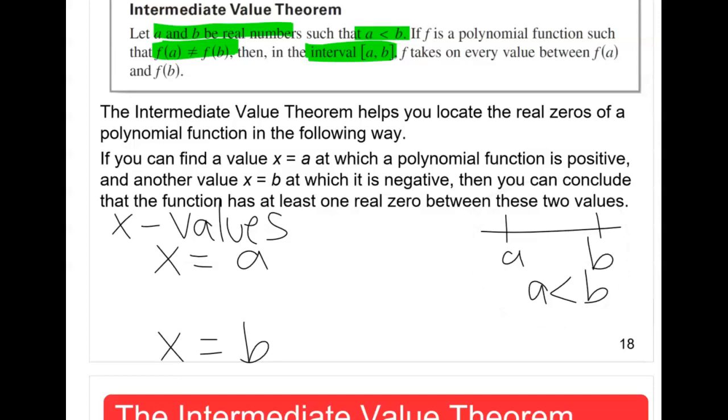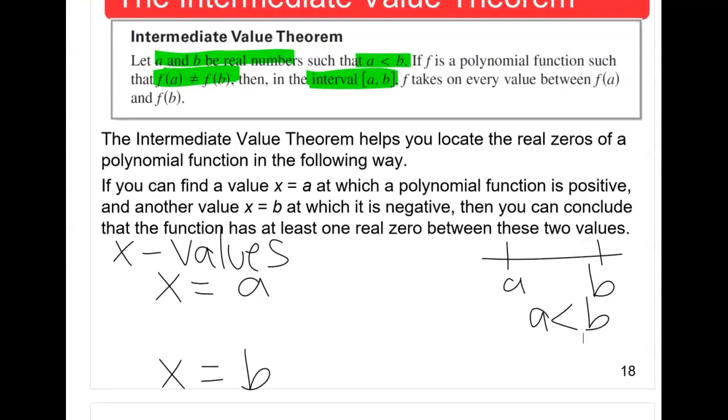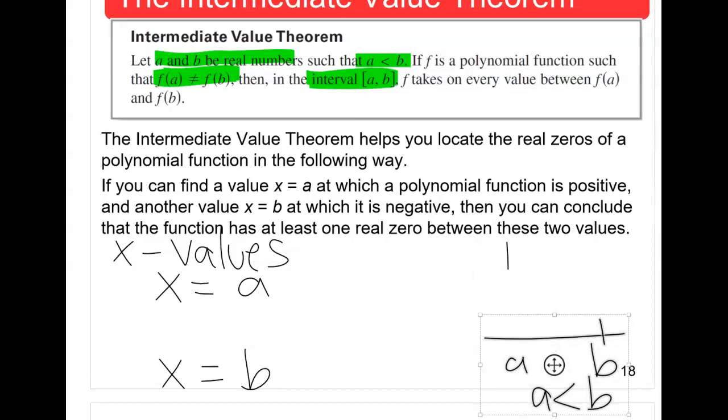Okay, so we have that, and then I'm going to draw the y-axis here. So this is our x-axis, this is our y-axis, or our f of x axis.